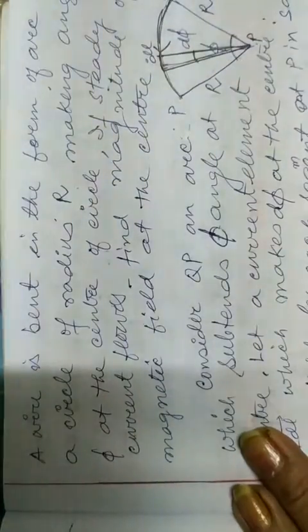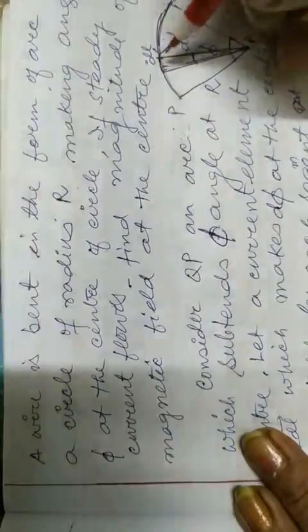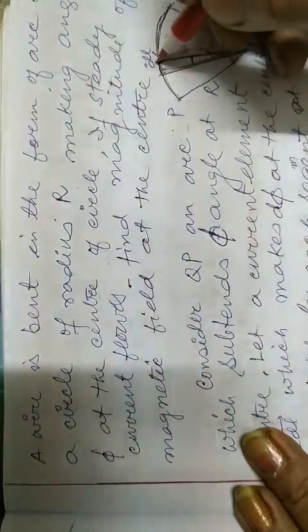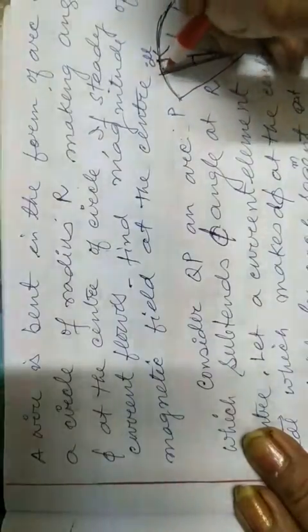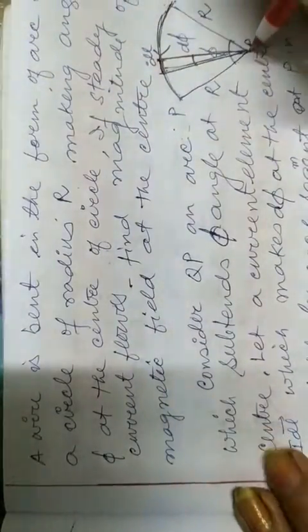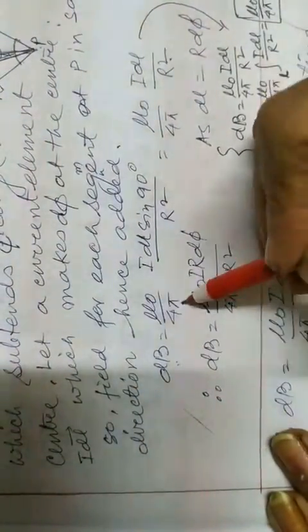By Biot-Savart's law, we consider a small current element I dl. The magnetic field at P is dB equal to mu 0 by 4 pi.